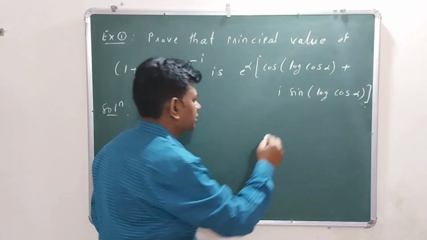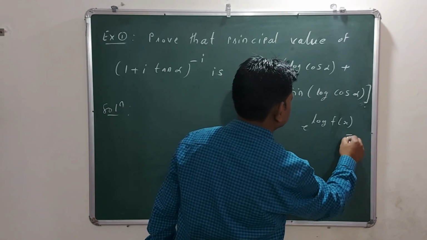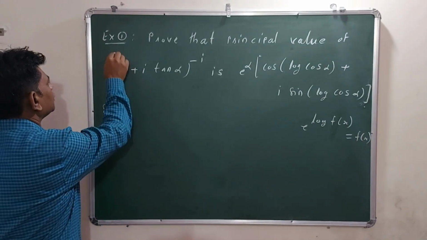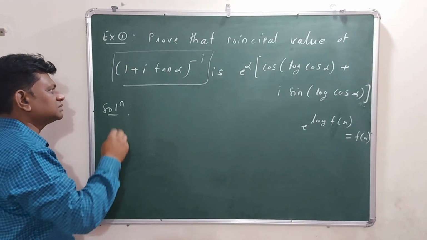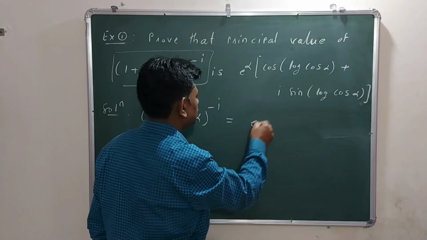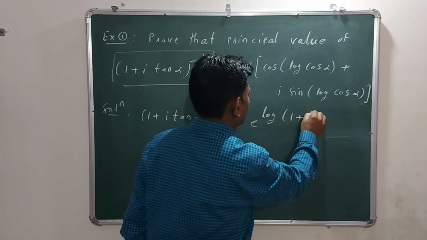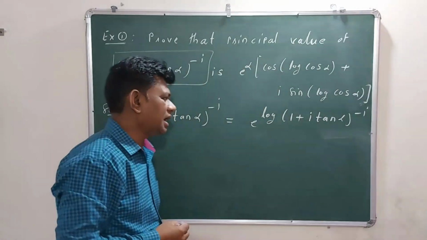Now we know that e to the power log of f(x) is equal to f(x). Therefore, we write 1 plus i tan alpha to the power minus i as e to the power log of 1 plus i tan alpha to the power minus i.